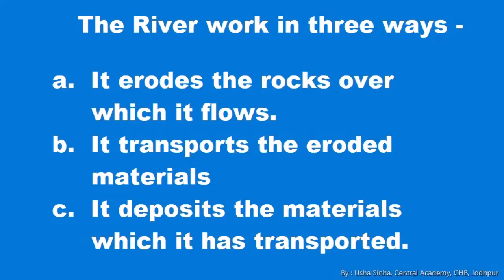The running water in the river carries out its work in three ways. First, it erodes the rocks over which it flows. Second, it transports the eroded materials. Third, it deposits the materials which it has transported.